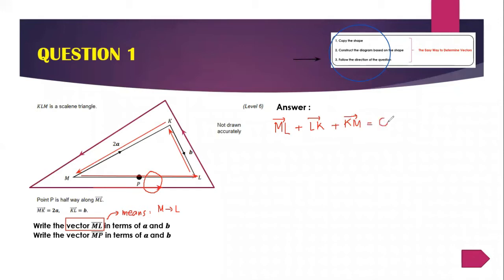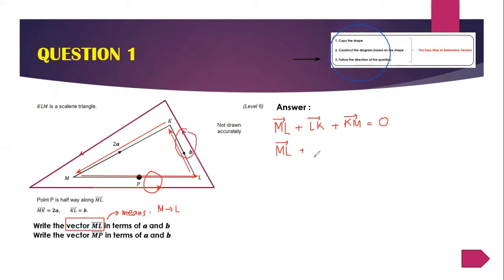Equal 0. Factor ML plus factor LK plus factor KM equals 0. Next, factor ML plus LK. LK means negative b, right?